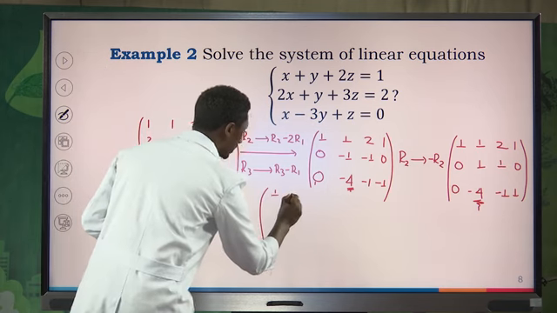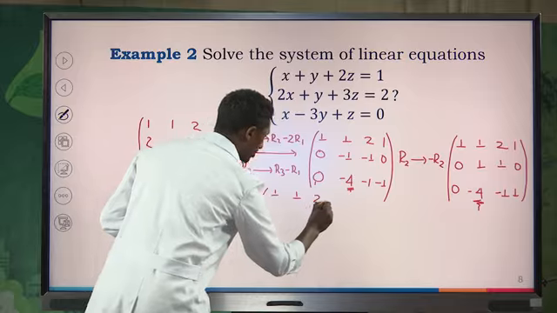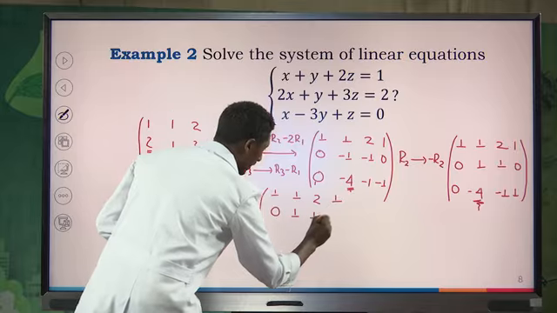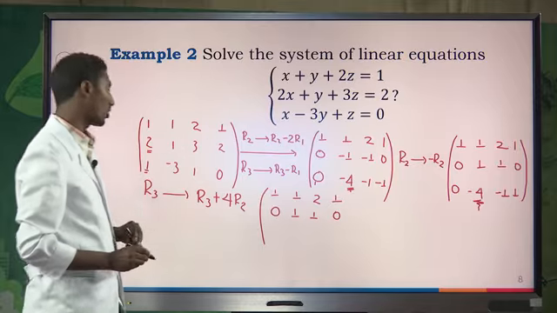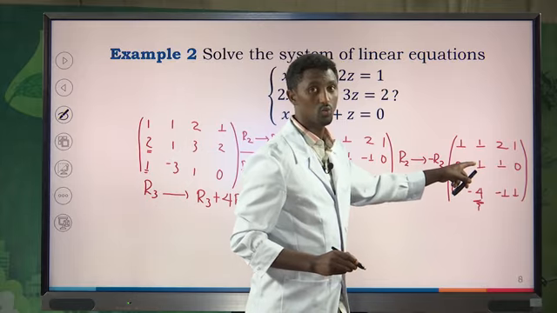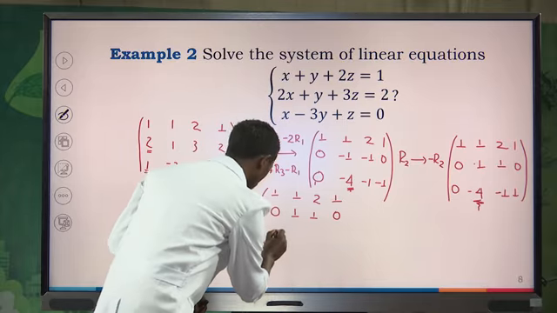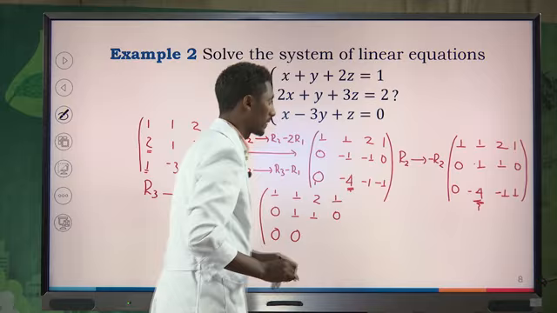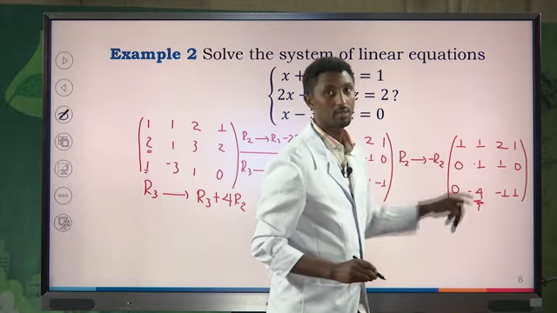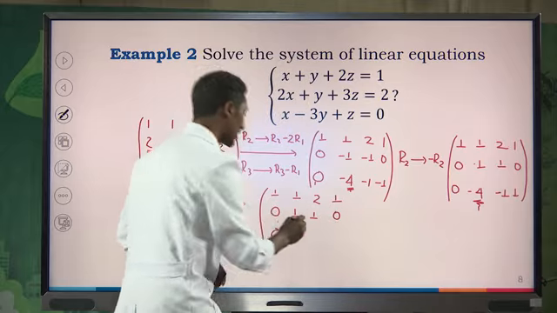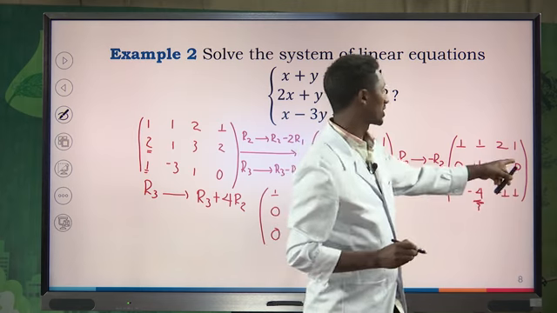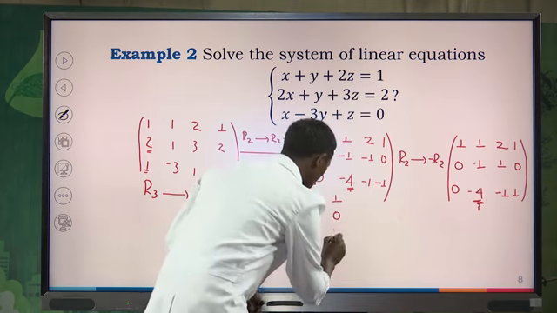So let's copy: 1, 1, 2, 1. And the second row, 0, 1, 1, 0. Then the third row: minus 4 plus 4 times 1, that is 0. Minus 1 plus 4 times 1, minus 1 plus 4, that is 3. And 1 plus 4 times 0, it's 1.